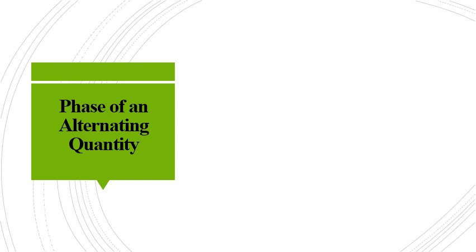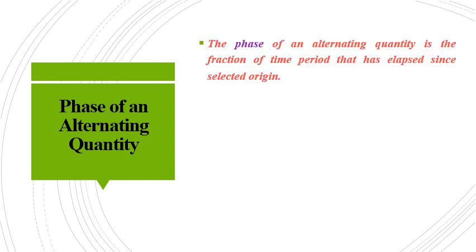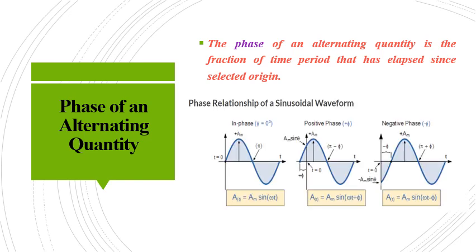Another important parameter is the phase of an alternating quantity. Let's see what is a phase. The phase of an alternating quantity is the fraction of time period that has elapsed since the selected origin. Okay, so consider the following sinusoidal waveforms.